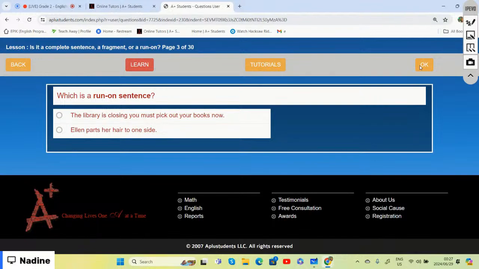So option one, which is the library is closing, you must pick out your books now, or option two, Ellen parts her hair to one side.